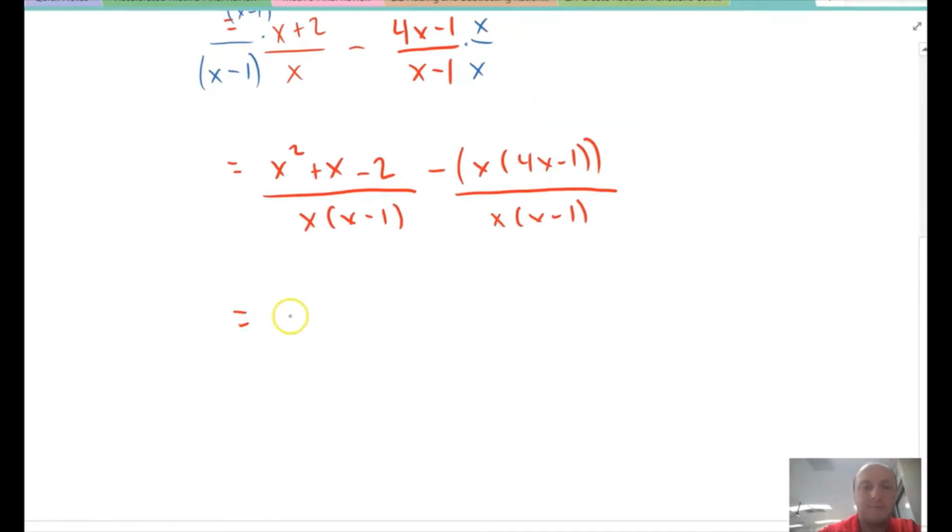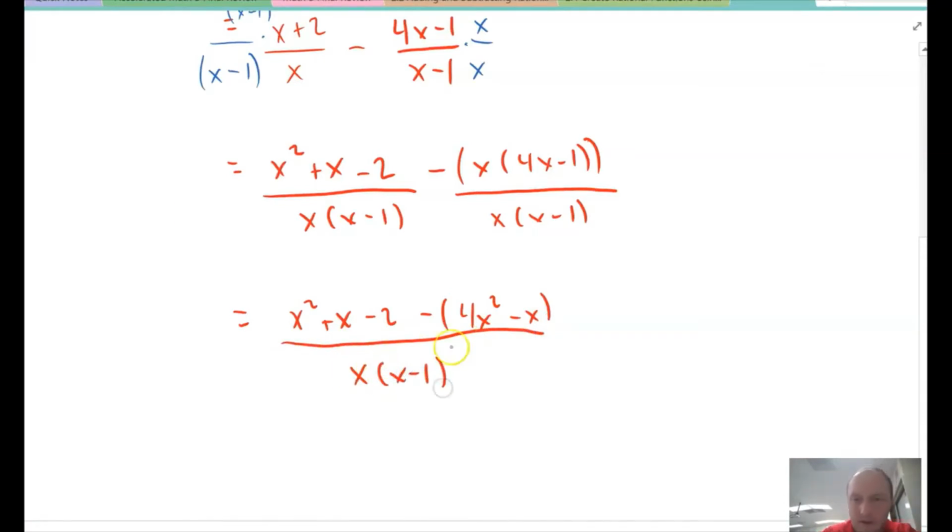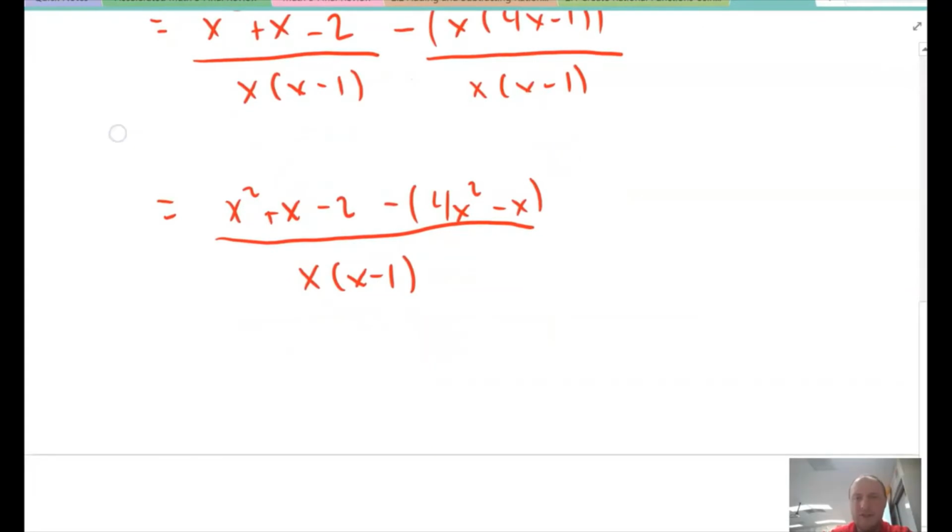So we have x squared plus x minus 2, minus 4x squared minus x, over x times x minus 1. And we're just going to change the signs on our second terms: this is going to become negative, this will become positive.